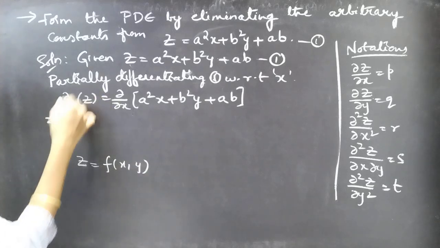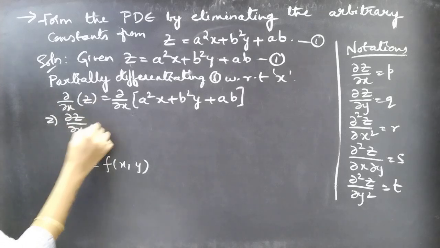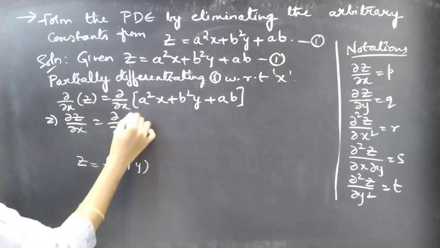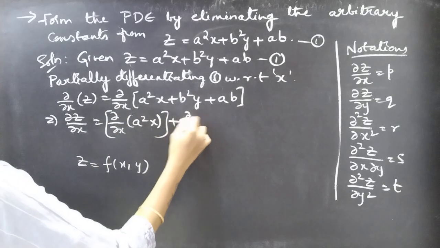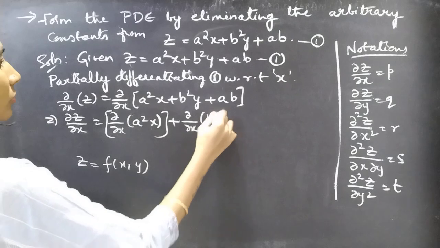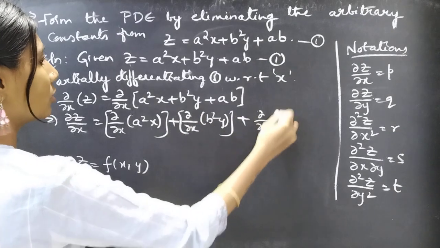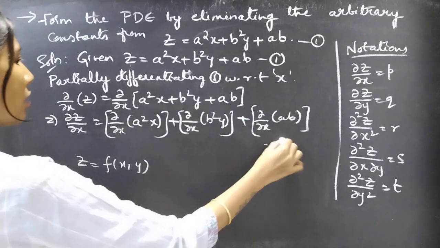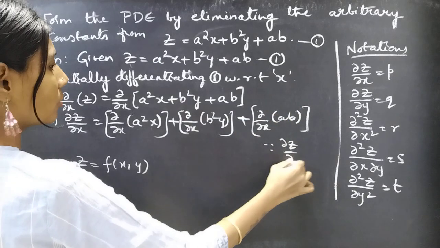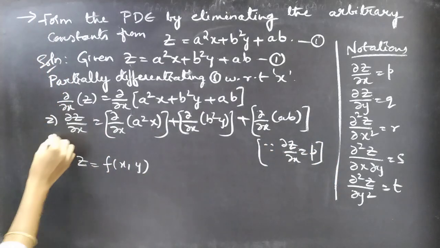This gives us, coming to the problem, dou z by dou x equal to partial derivative of first term plus partial derivative of second term plus partial derivative of last term or third term. Right? Since we are having notation dou z by dou x equal to p, let's replace LHS part by p.